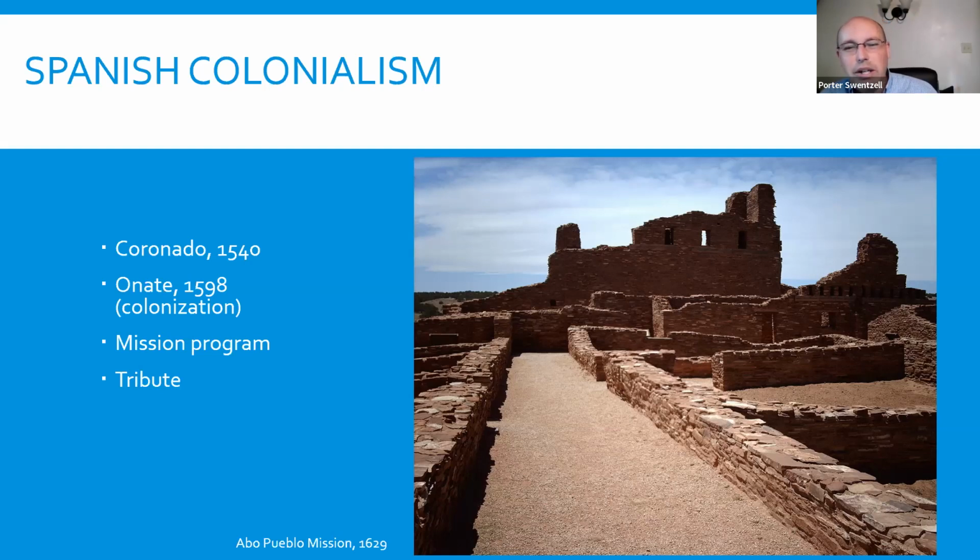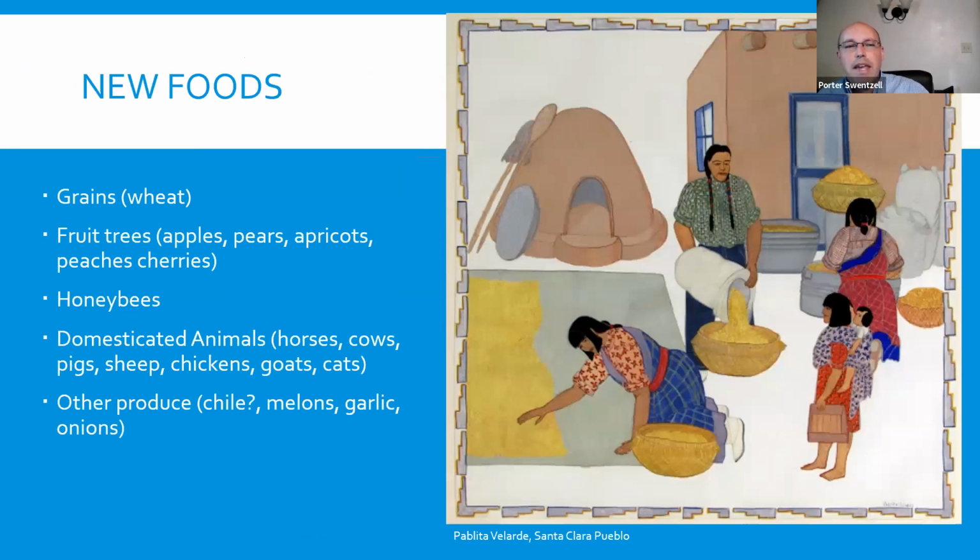And you can see really quickly that the growing of cotton really declined in that first century because of tribute demands. It was too much labor to grow cotton to meet the tribute compared to simply getting hides instead, right? So it's a really transformative time, right? But you can see a lot of the new foods that were brought in.